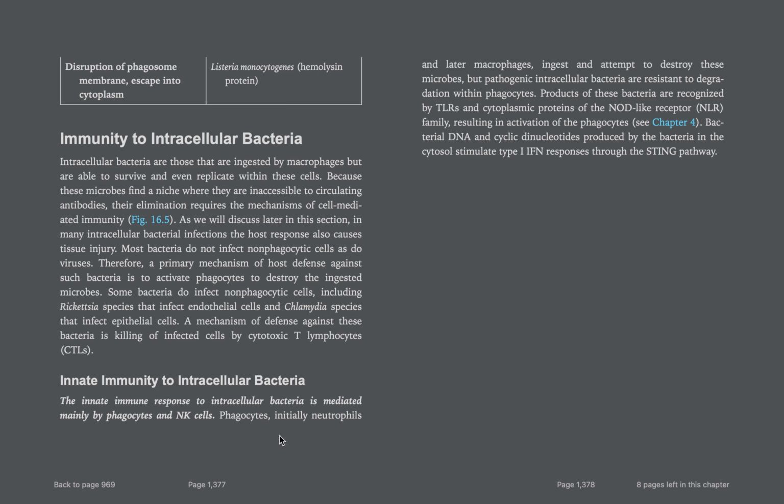As we will discuss later in this section, in many intracellular bacterial infections, the host response also causes tissue injury. Most bacteria do not infect non-phagocytic cells as viruses do. Therefore, a primary mechanism of host defense against such bacteria is to activate phagocytes to destroy the ingested microbes.